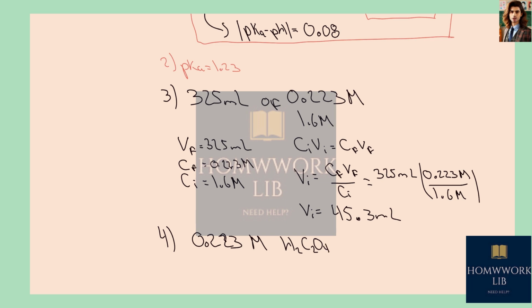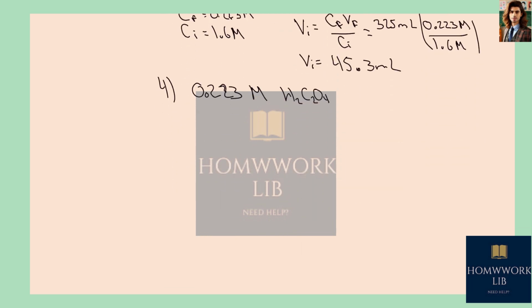So in order to know the pH, let's remember how this behaves when it gets into contact with water. Oxalic acid plus water is going to produce HC2O4 minus plus H3O plus.